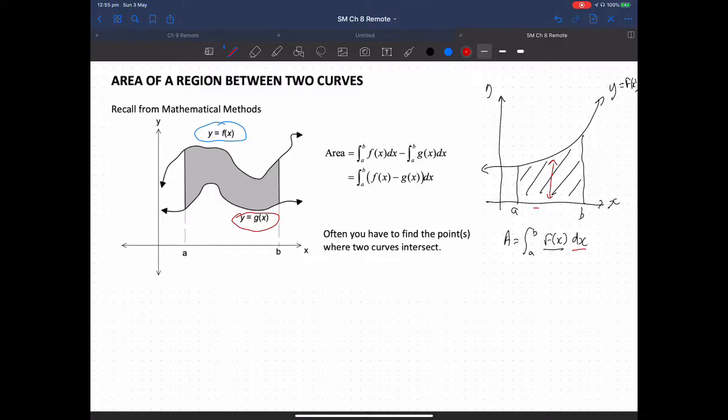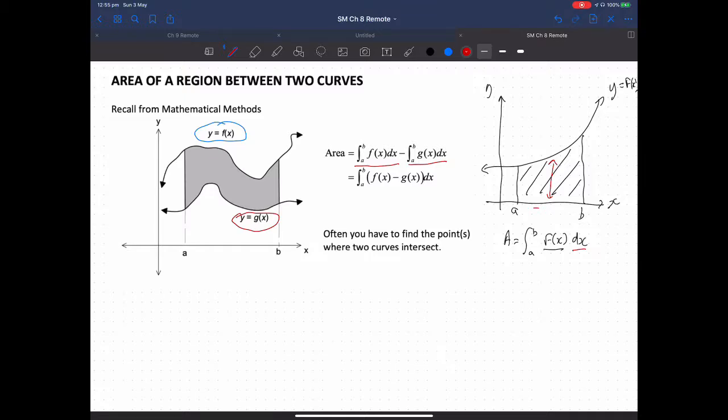When we're working out the area between those two curves, because they have the same start and finish value, and fx is always above gx, we could have worked them out by working out the area under fx from A to B, and then subtracting the area under gx from A to B. The difference between those will be the shaded area.